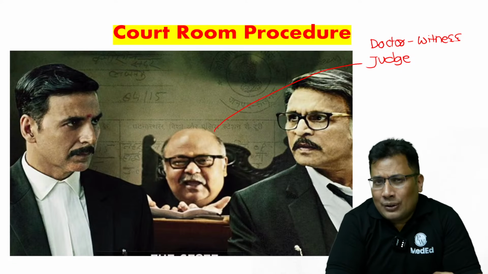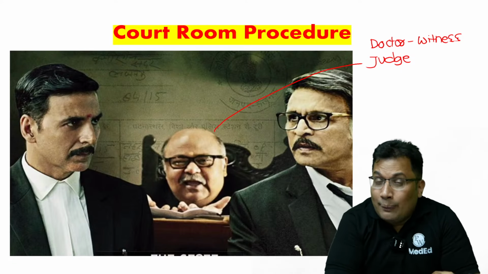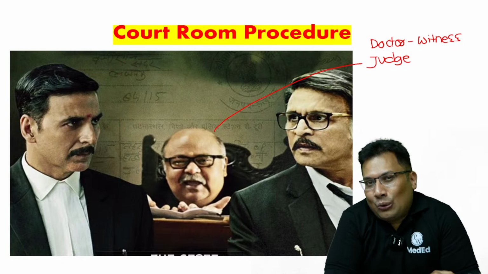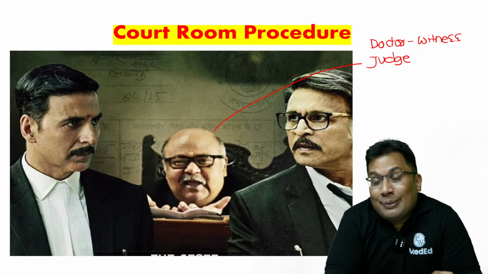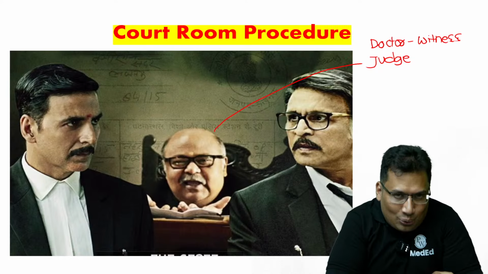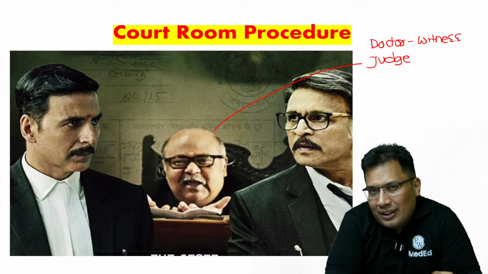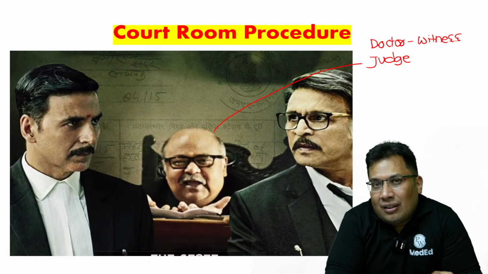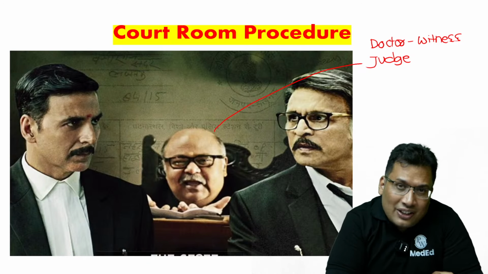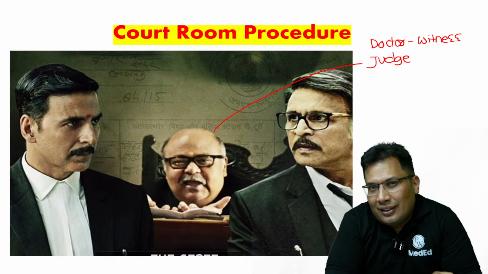So there are different types of court: Supreme Court, High Court, Session Court, First Class Magistrate Court, Second Class Magistrate Court. The power of First Class Magistrate: 3 years and fine. Second Class Magistrate: 1 year and fine.